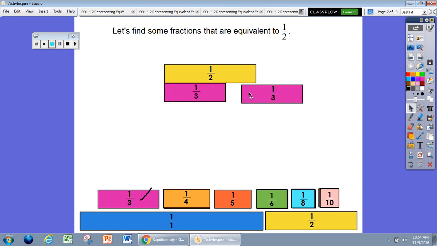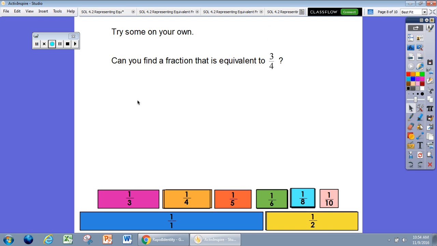We know that thirds are smaller than halves because the whole is cut into more pieces. So that means that the fraction is smaller.